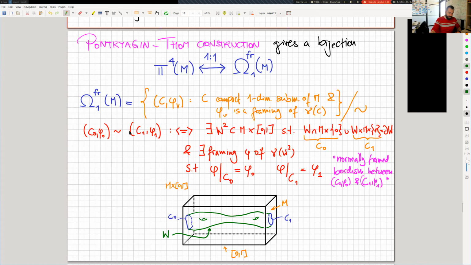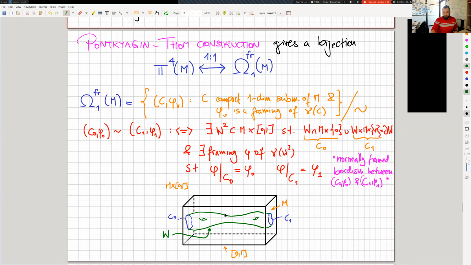You have to prove, of course, that this is an equivalence relation, but it is indeed one. And if you just forget about the framing of the normal bundle, and say that this W is an oriented manifold such that it induces the right orientation on C0 and C1, then we say that C1 and C0 are oriented bordant.